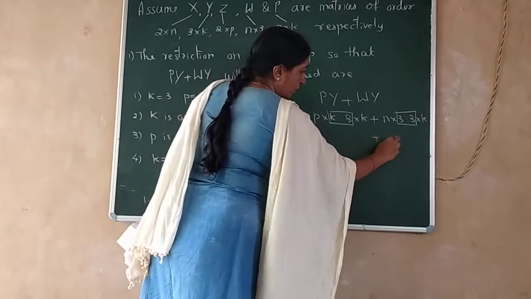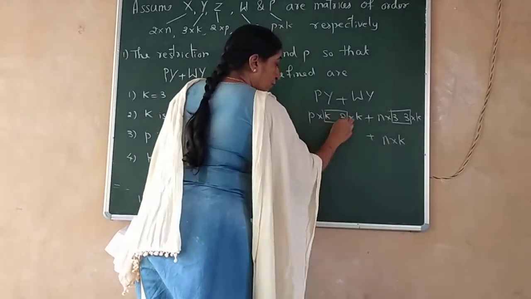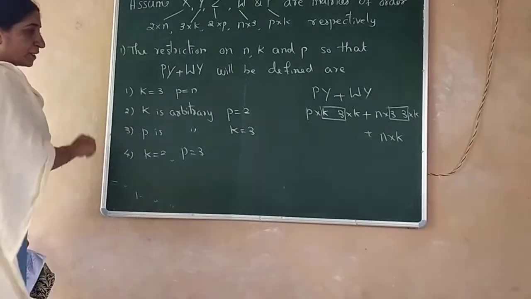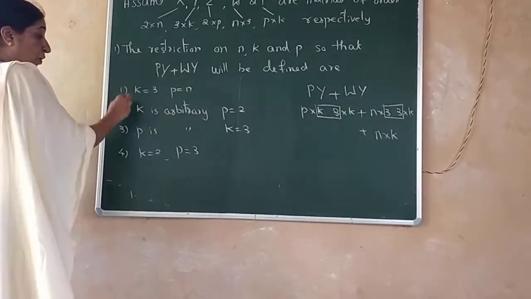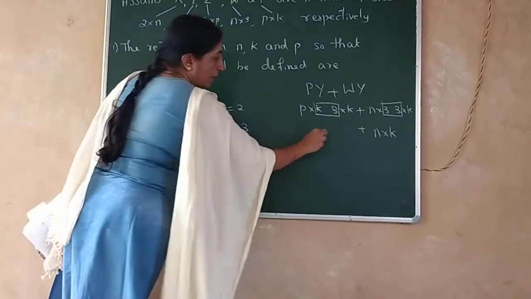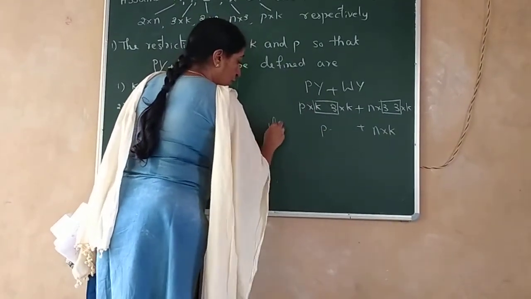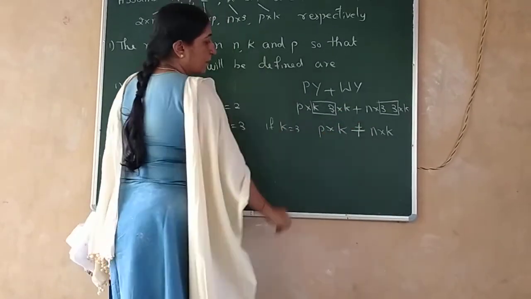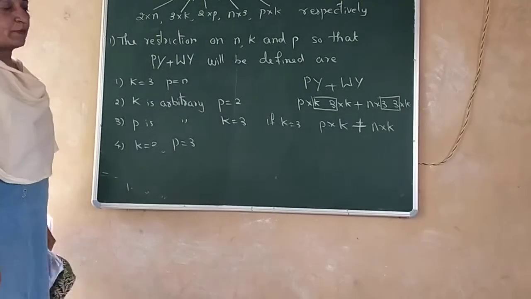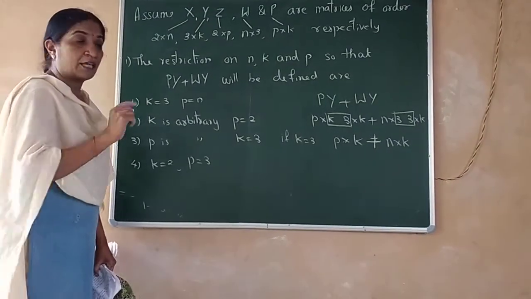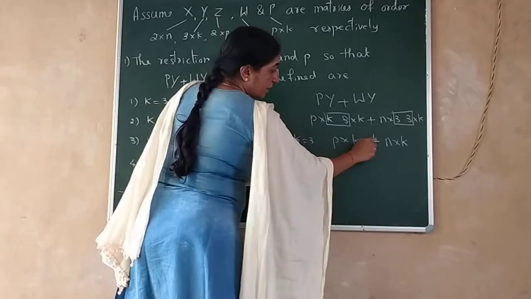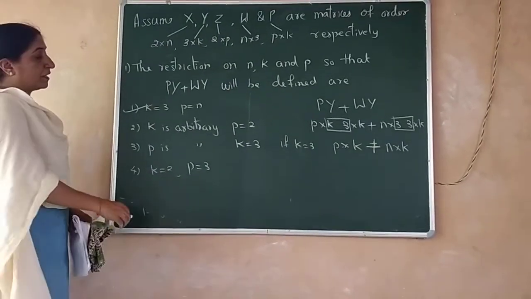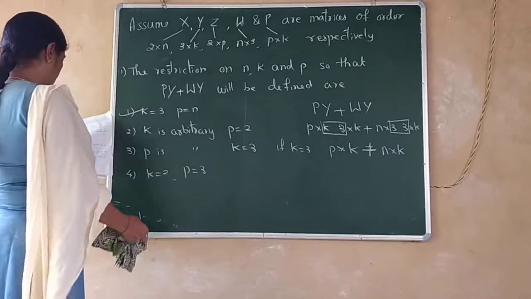Then what is this value? This is N by K. And this is possible if K is equal to 3. Out of the options where K is equal to 3, either first one or third one, remember. If K is equal to 3, then you will get P by K plus N by K. And when you are adding two matrices, their orders must be the same, which happens if P and N are equal. So the answer will be the first one: P is equal to N and K is equal to 3.